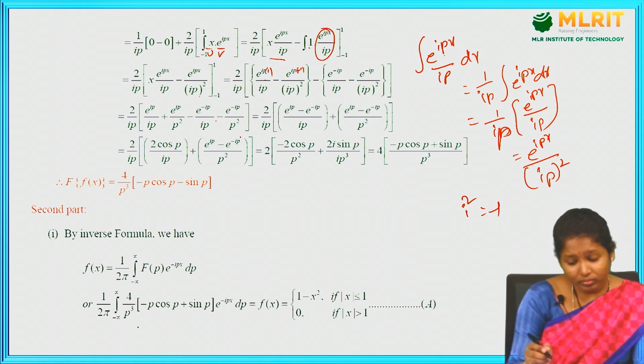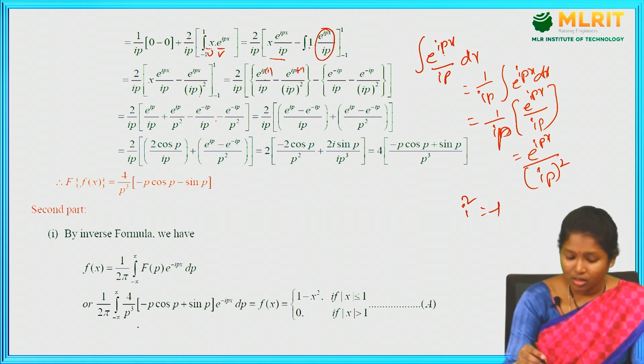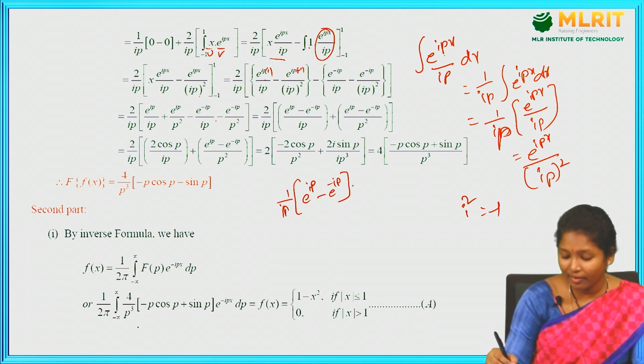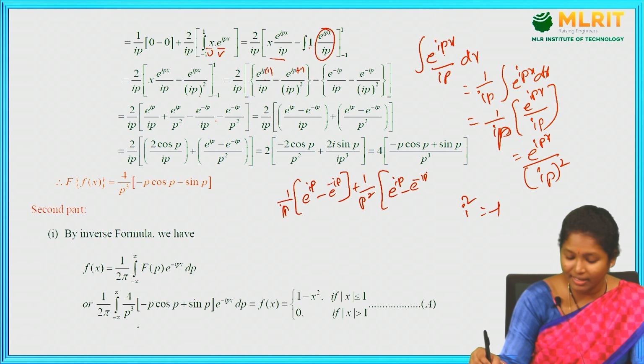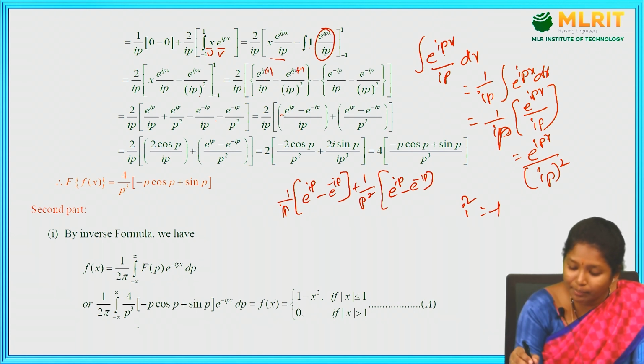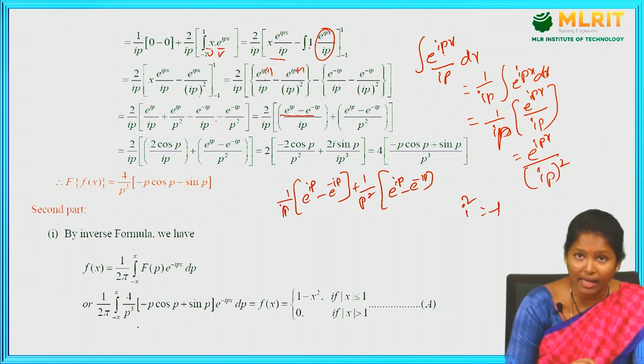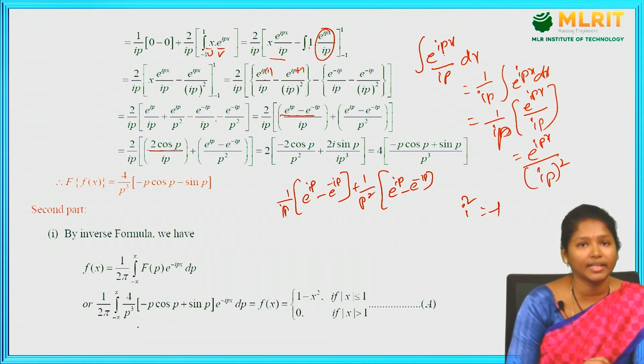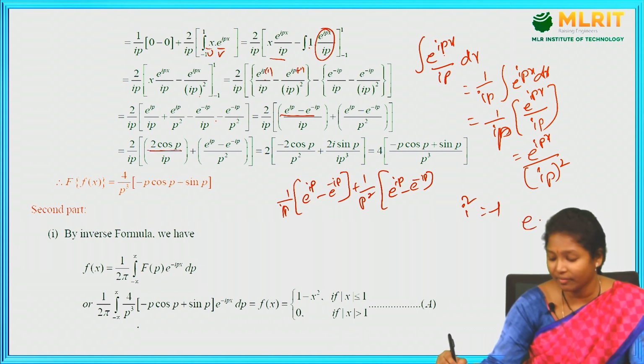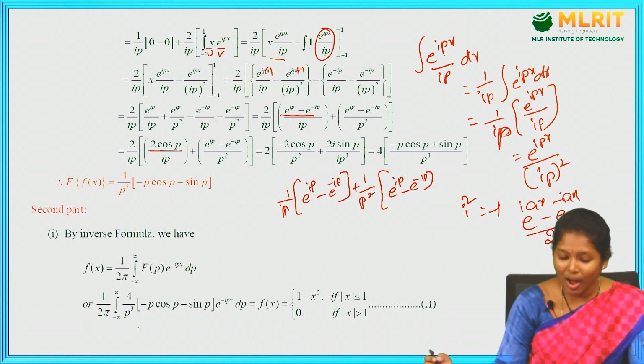So we take the common terms out. Here I take 1 by ip common, I get e power ip minus e power minus ip. Here I accommodate 1 by p squared, I get e power ip minus e power minus ip. In the place of e power ip minus e power minus ip, I write 2 cos p, because we know that e power ax plus e power minus ax by 2 is cos ax.